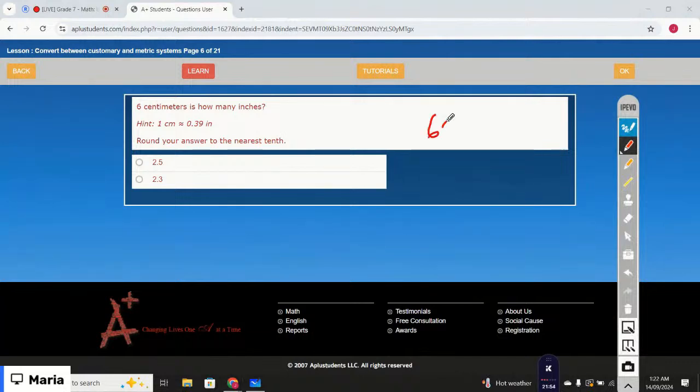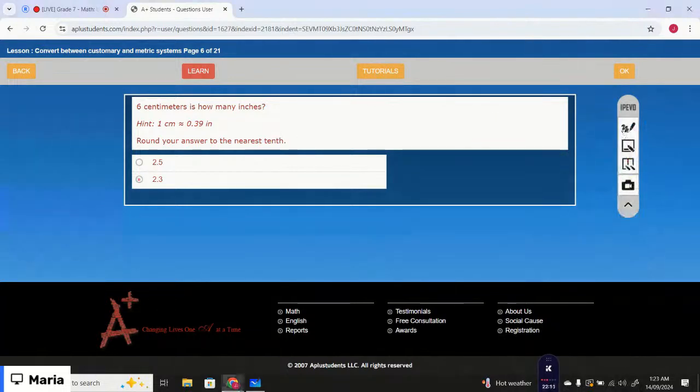So which is the correct option? That is 2.3. Option number 2 is the correct option.